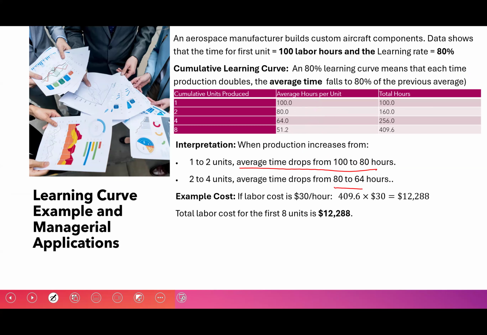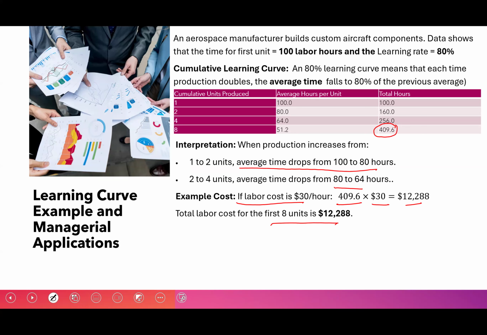The popular question will say, suppose I pay $30 to my labor. Then 409 times 30 is going to be my expected labor cost for the 8 units. Why? 8 units took 409 hours.